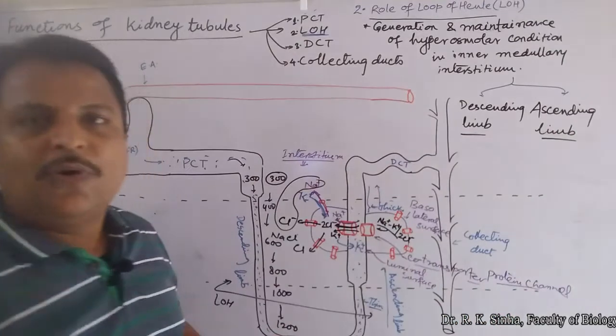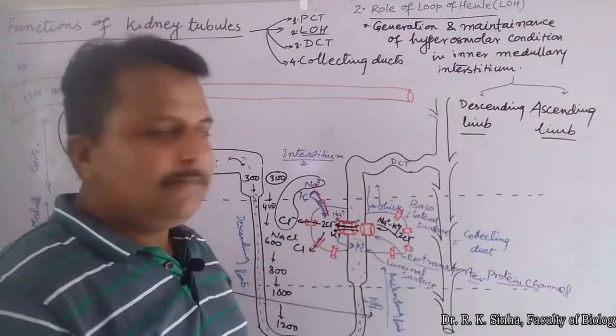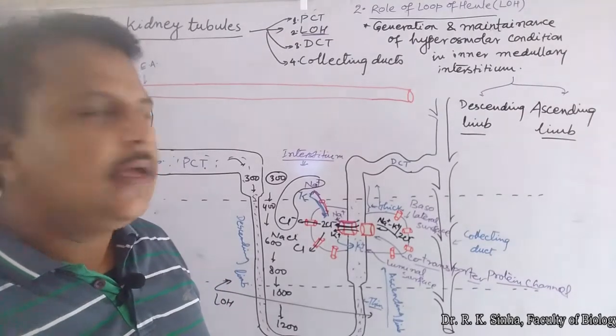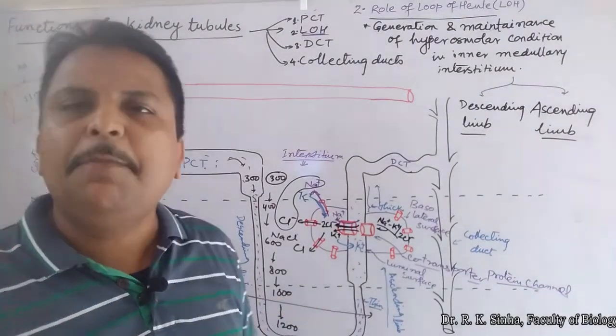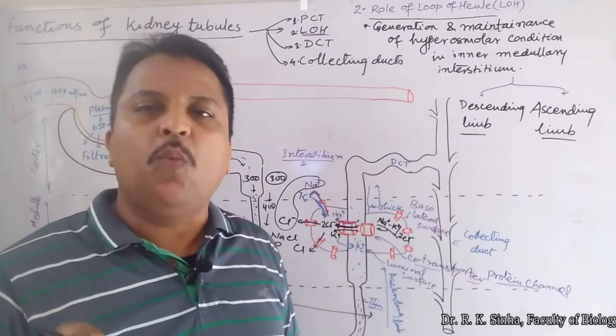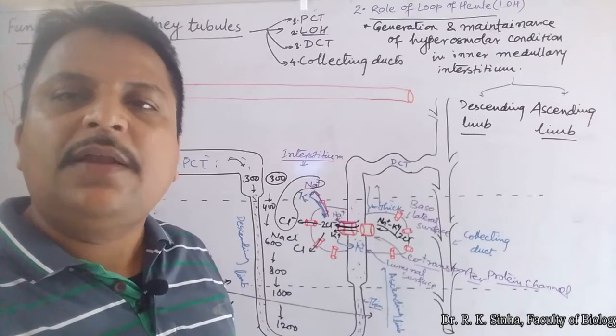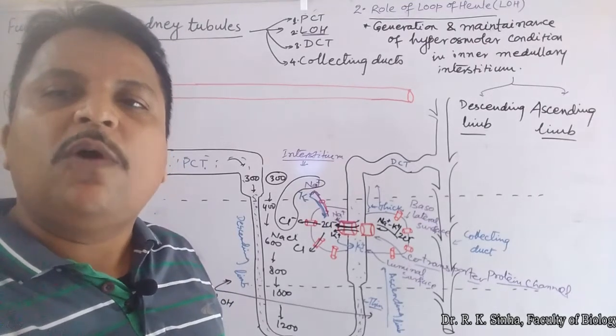Okay, as we are watching here, the ascending limb of the loop of Henle is permeable for electrolyte but impermeable for water.